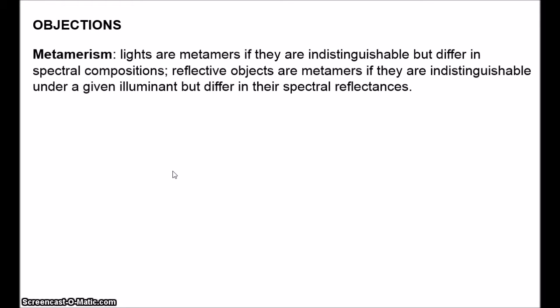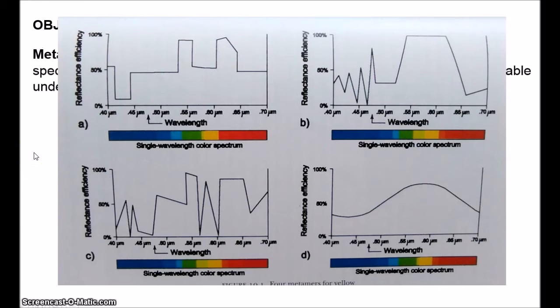Similarly, reflective objects are metamers if they match under a given illuminant but differ in their spectral reflectances. And the differences can be significant. Here's a graph, 4 graphs showing 4 spectral reflectance curves that are indistinguishable under daylight. These all appear to be yellow under daylight.